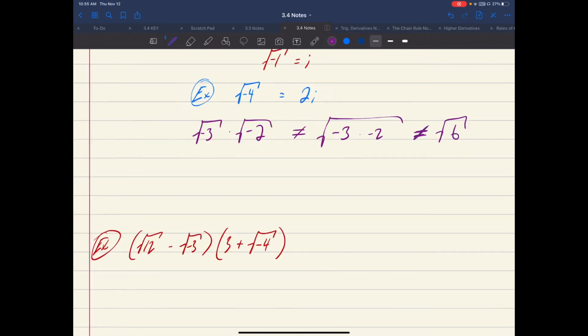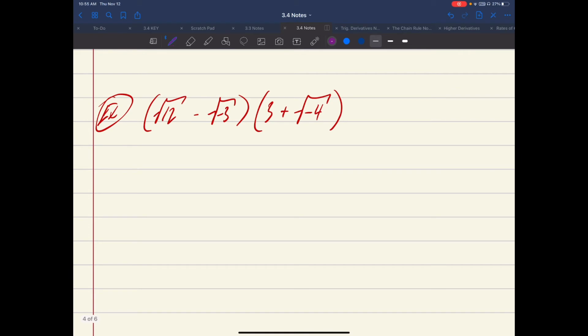All right, so let's look at an example. √12 minus root -3, times 3 plus root -4. Let's just go ahead and distribute this. Let's go 3 times √12. Then √12 times root -4, that's going to be √12 times 2i, because root -4 is 2i.